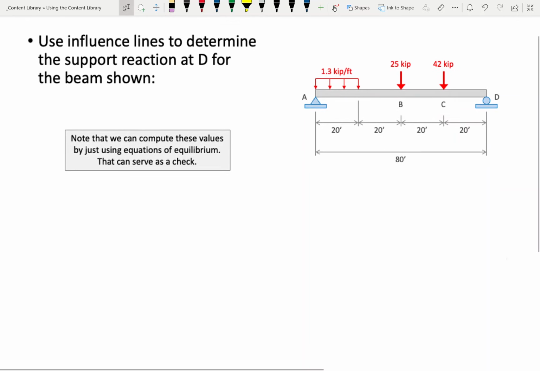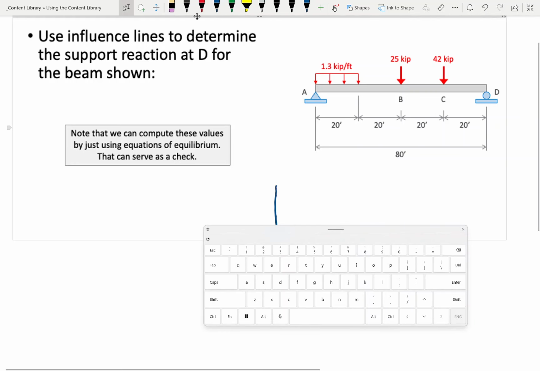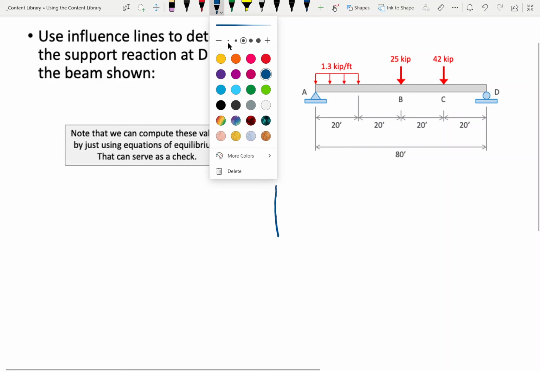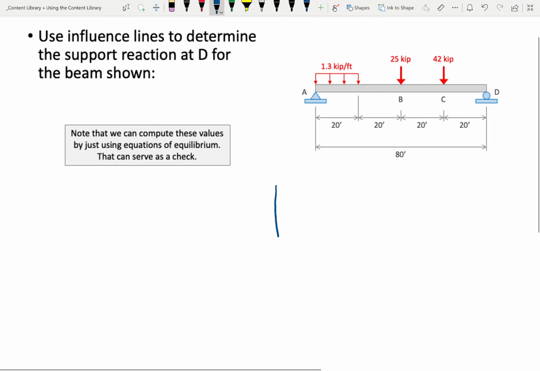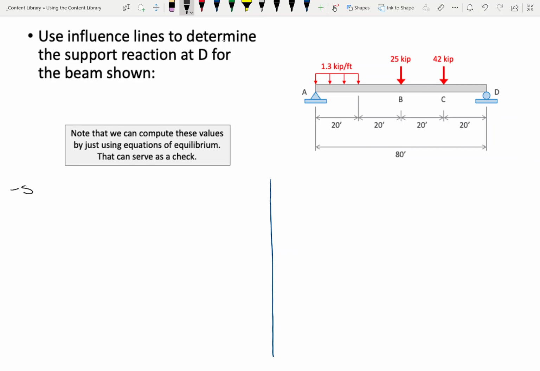So this is how I'm going to do it. Let's draw ourselves a little line here, and what I'm going to do is static equilibrium.